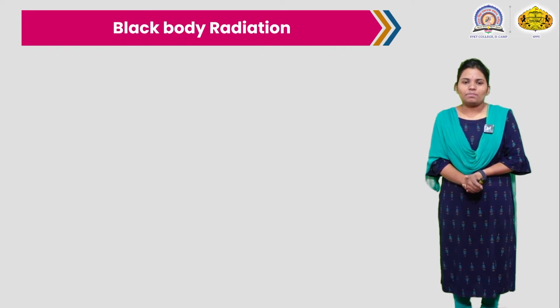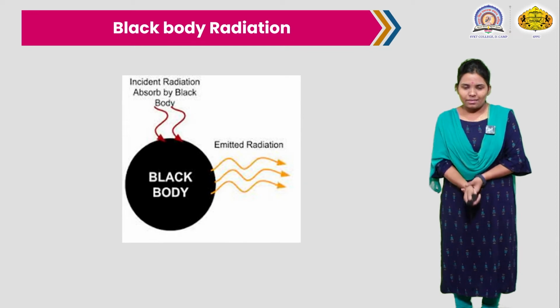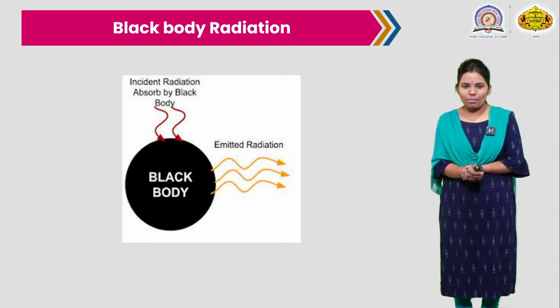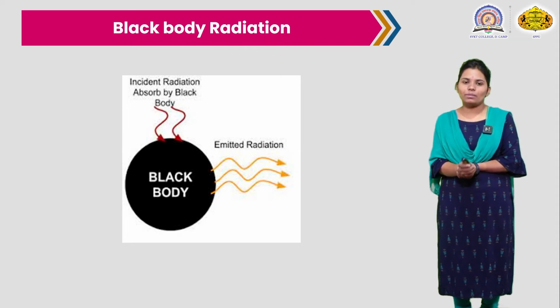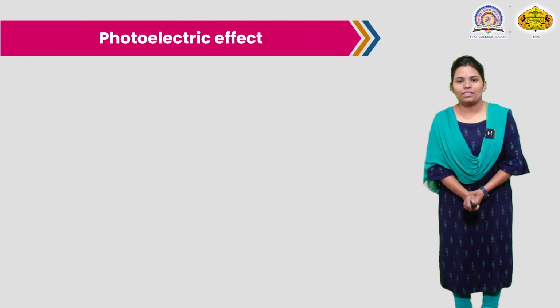Next we are going to see an example of a black body. Here is a picture which shows a black body which absorbs the incident radiation and also emits that radiation.